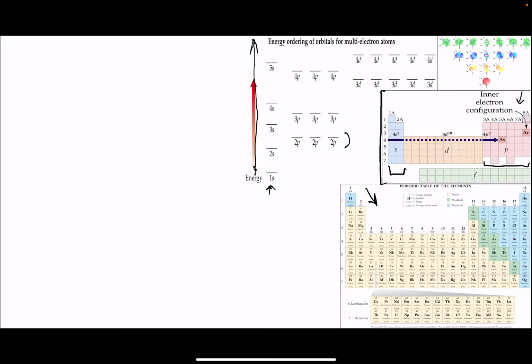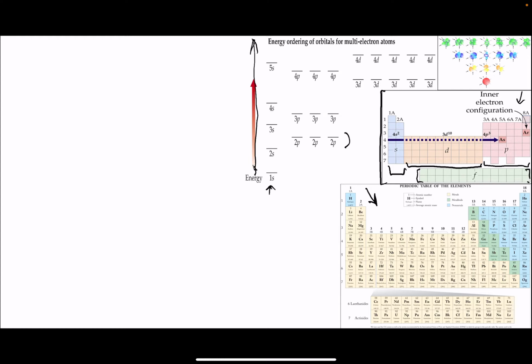And two other areas that we note here are the D block, the area for the transition metals. And so that's that skinnier part of the periodic table. And then the area that is shown outside of all of that is the F block. And that's where we see lanthanides and actinides.